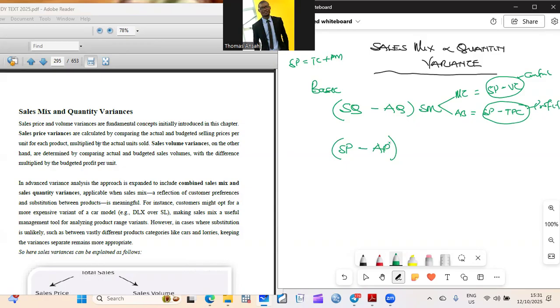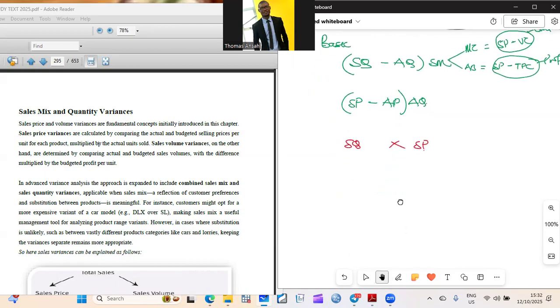Then you multiply it by actual quantity. So if you remember clearly, when we were doing basic variance, we did the same thing. We said standard quantity, standard price, but be careful, it is supposed to actually be SM, depending on whether it is profit, not selling price.